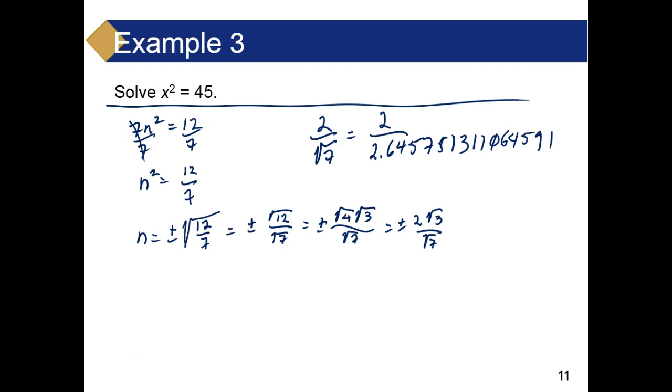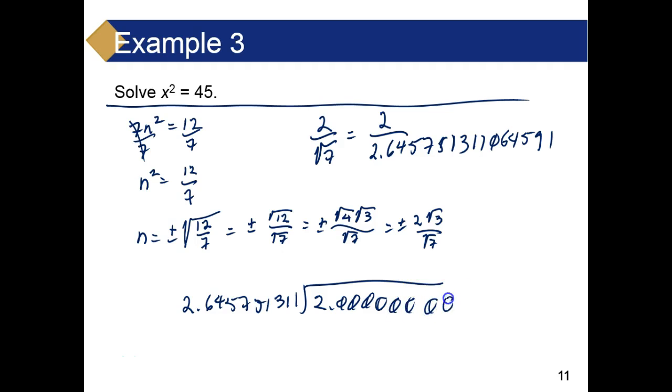Okay, now, what if we were doing that division? That division would be 2.64575131, let's just stop there, divided into 2.00000000, you know, a bunch of zeros. Then you'd have to move the decimal.